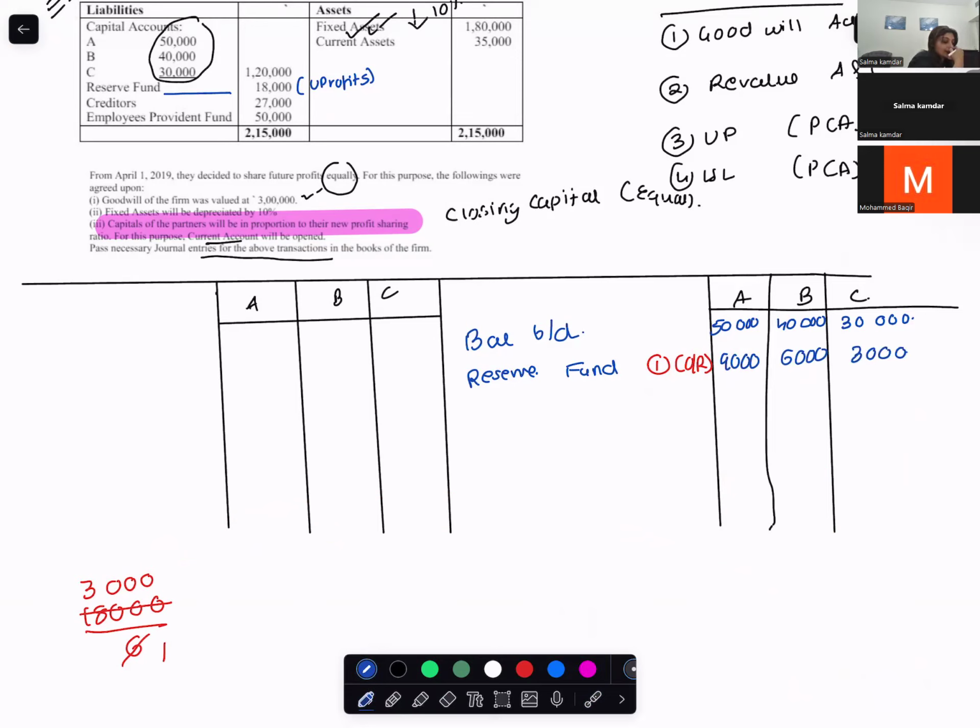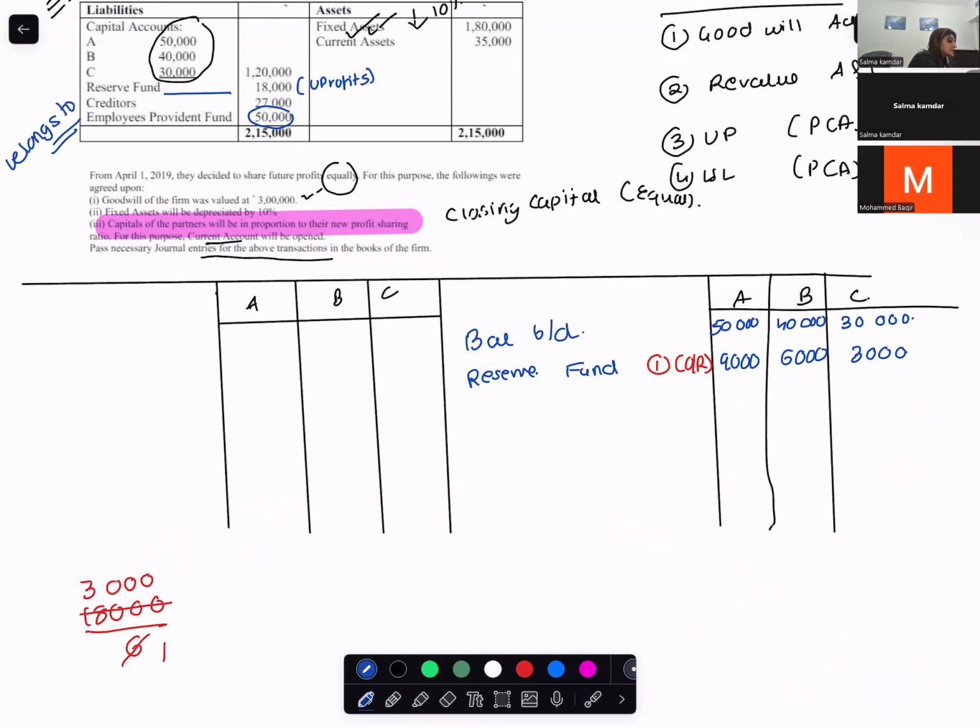Yes, ma'am. Employees Provident Fund. This fund is for the employees and it has money of the employer as well as the employee. The money inside this provident fund belongs to the employees.